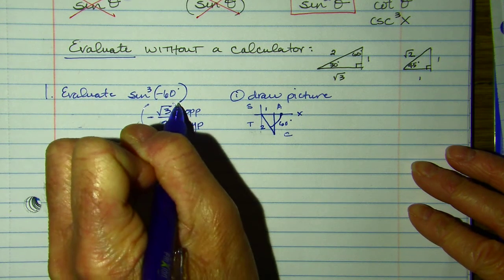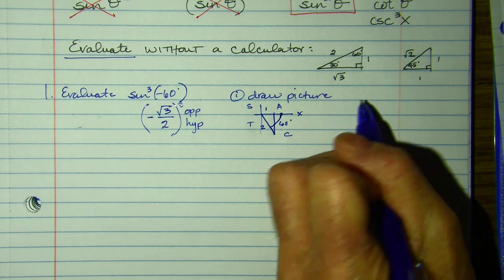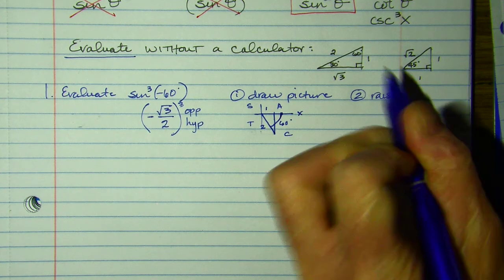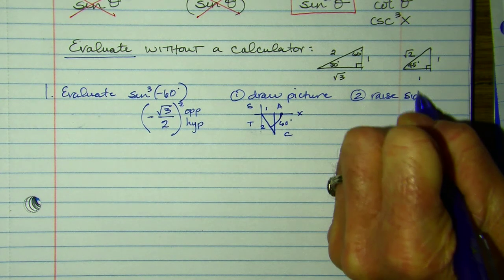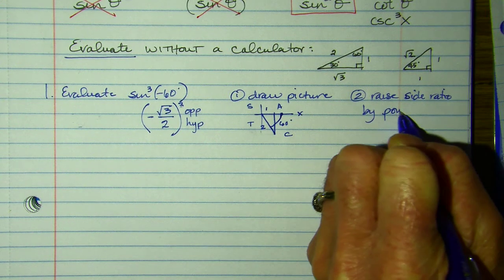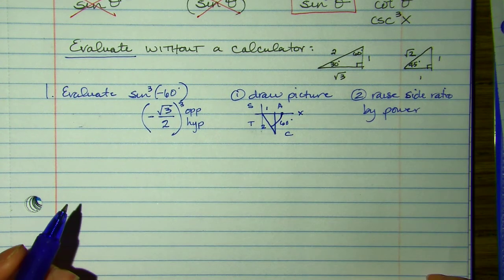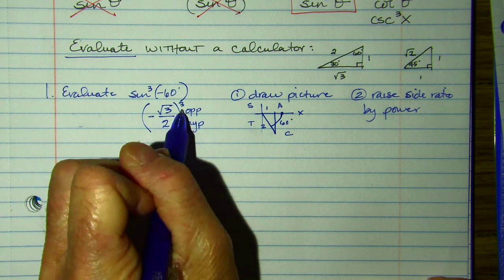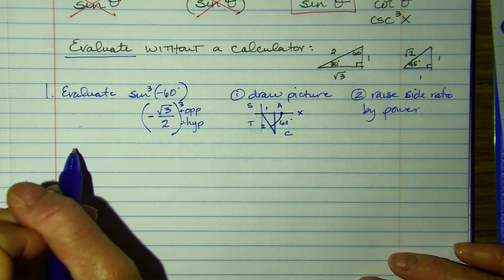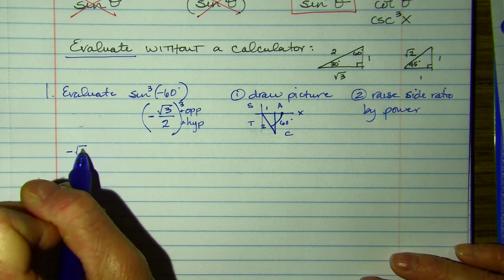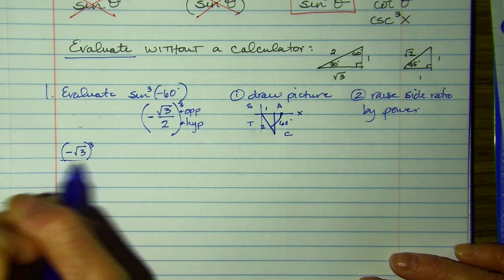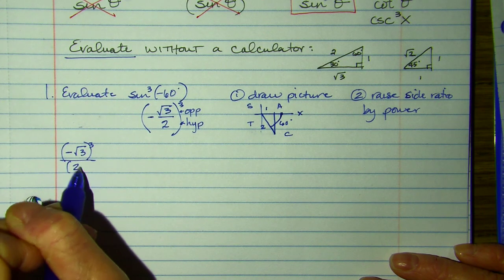Now I'm going to raise the power. Step 2, raise the side ratio by the power. I am cubing this, so this is to the third. I have negative root 3 to the third over 2 to the third.